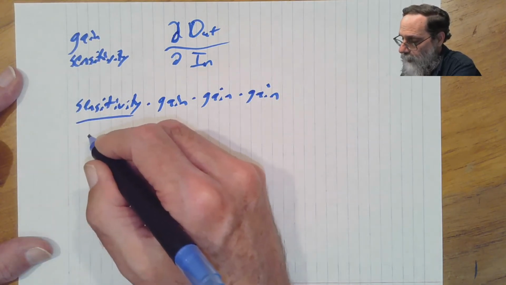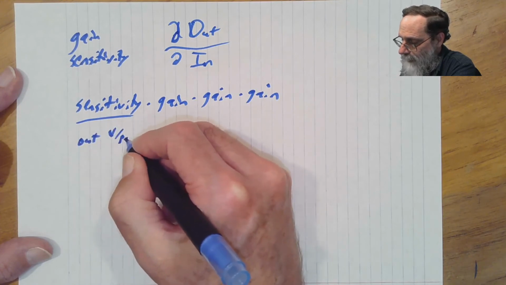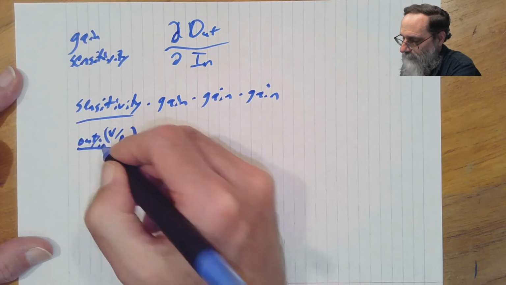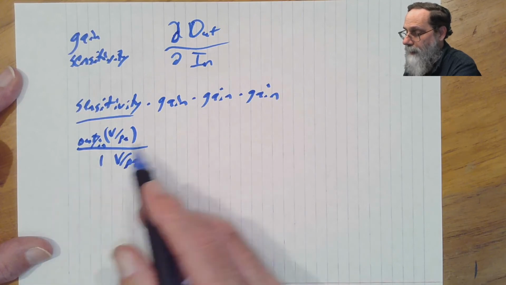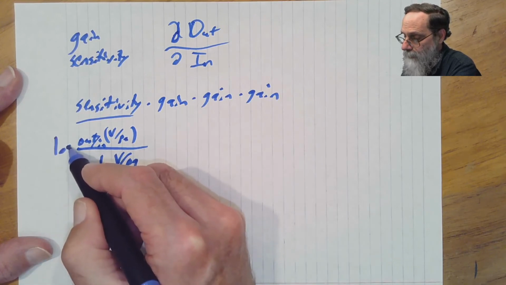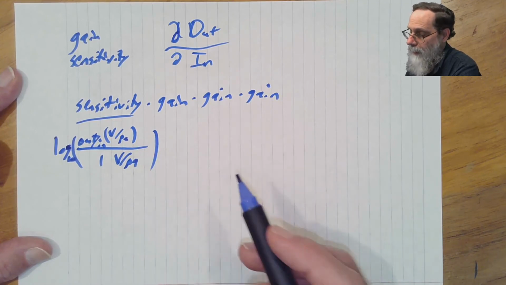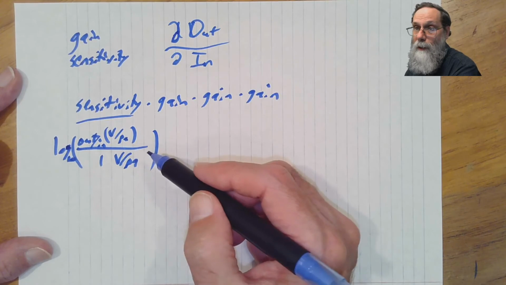For instance, we might talk about the output over the input in volts per pascal relative to 1 volt per pascal, so that we end up with a unitless thing that we can take the logarithm of.